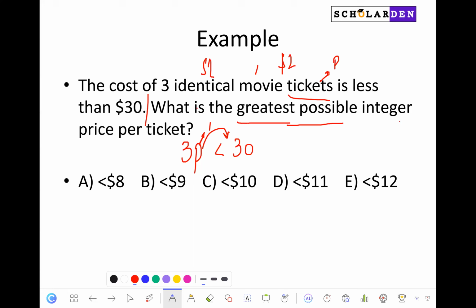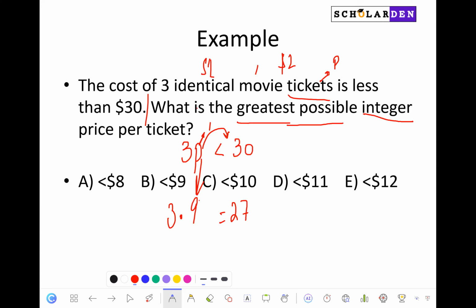And second is this value over here: P should be an integer. I am sure most of you would have arrived at the answer that if we assume the value of P is 9, then 3 times P is equal to 27, right?